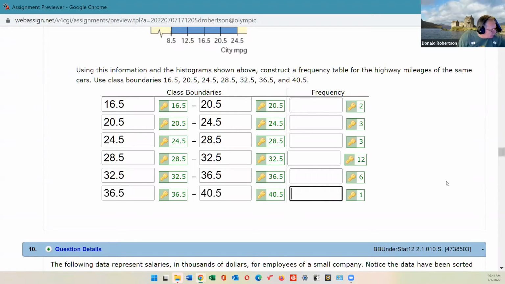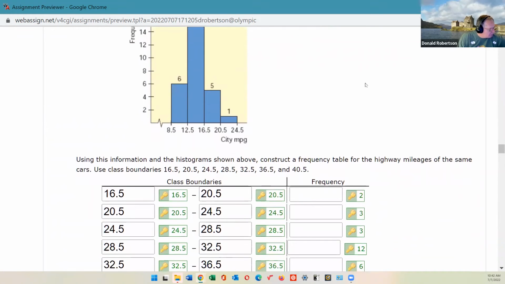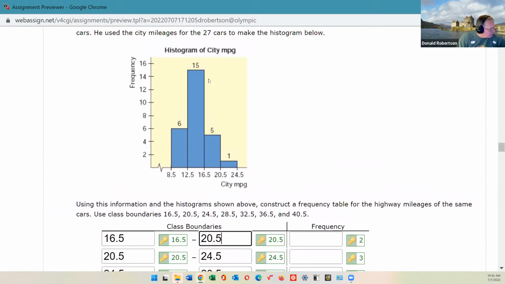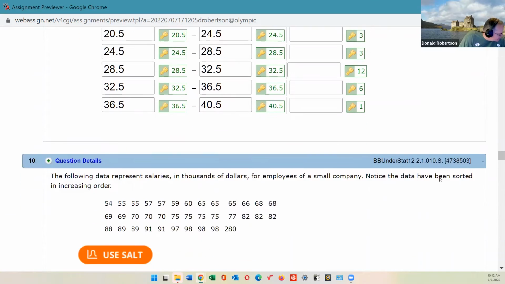I may be being slow today, which I am, but there's no obvious way that those numbers are coming from that 27. Just look at that. From 16 to 20.5 is 26 numbers. So remember 2, 3, 3, 12, 6, and 1, and call it good.